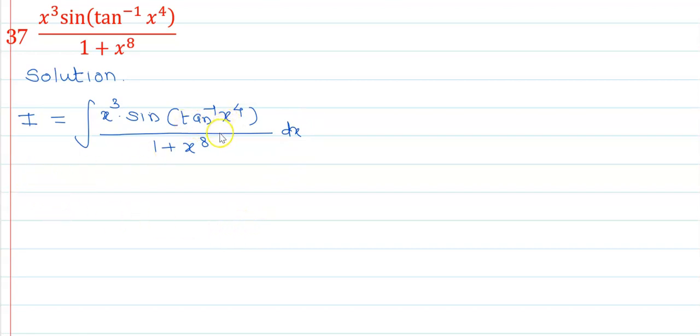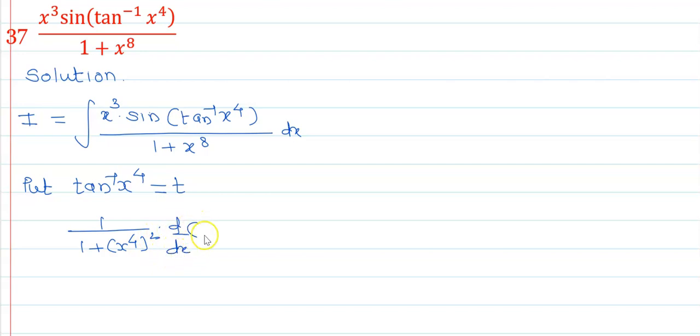Tan inverse of x raised to 4 is t. Therefore I will write here, put tan inverse of x raised to 4 is equal to t, and therefore its derivative is 1 upon (1 plus x raised to 4) whole square, into d/dx of x raised to 4.